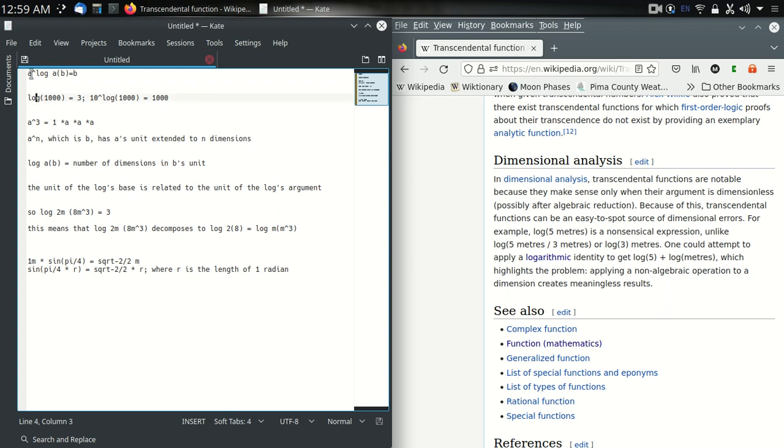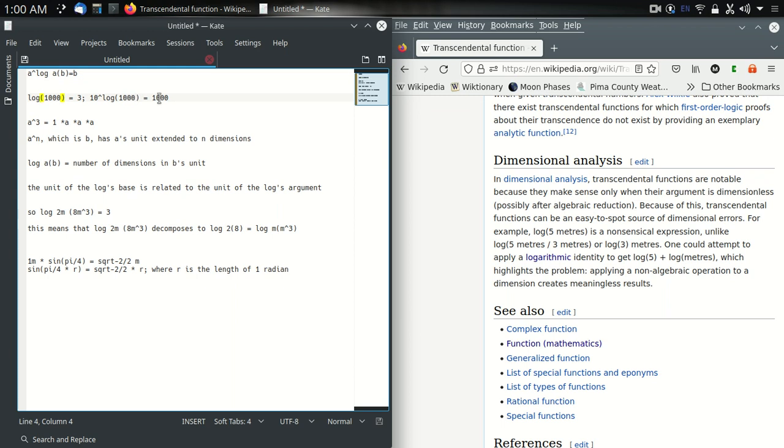So, some number to the log base that number of another number is just the other number, right? Like 3 things are at play, but we only see 2 of them here. So the log undoes the exponent. For instance, log base 10 of 1,000 is 3 because 10 to that will give you the 1,000 back, right?